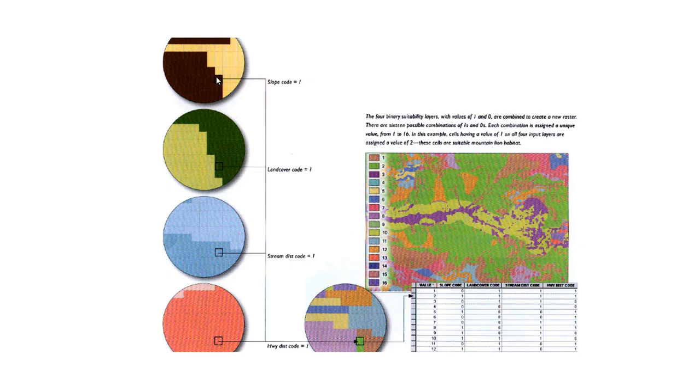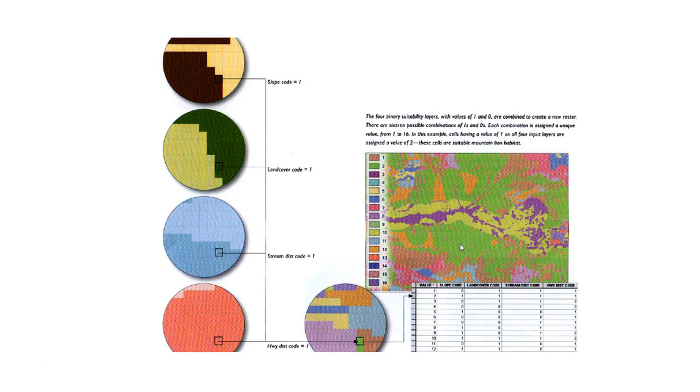Okay, so in this case we're going to have a slope code, a land cover code, a stream distance code, and a highway code. And we can see over here when we bring those all together, we're going to have codes in an attribute table through this process, and we're going to have a final cell value that we're looking for.